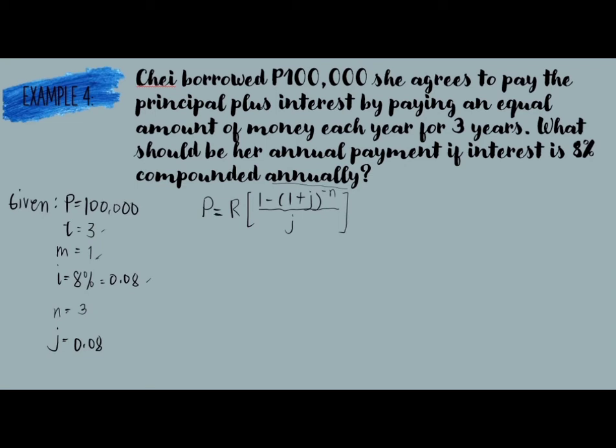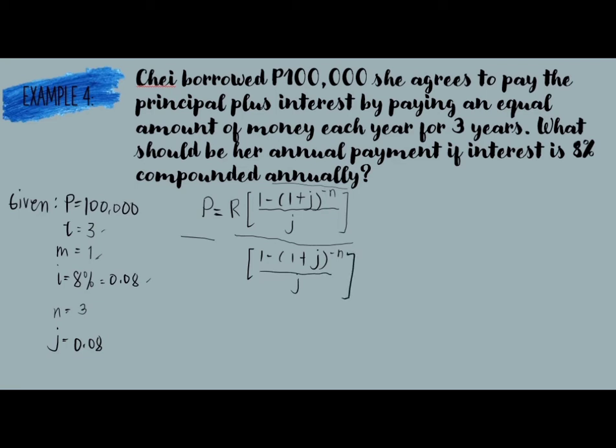So, derive natin yung ating formula. So, since ang katabi ni R ay itong naka-parenthesis, i-divide mo yan both sides by kay 1 minus the quantity of 1 plus J raised to negative N over J.